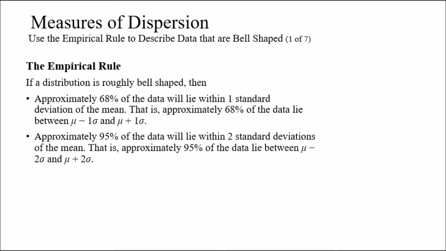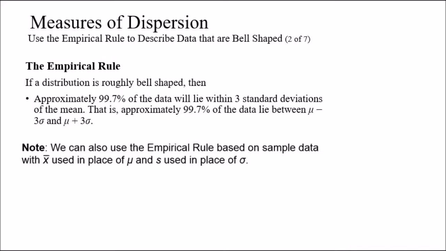That is, approximately 95% of the data lie between mu minus 2 sigma and mu plus 2 sigma. And the last thing the empirical rule states is that approximately 99.7% of the data will lie within 3 standard deviations of the mean. That is, approximately 99.7% of the data lie between mu minus 3 sigma and mu plus 3 sigma.